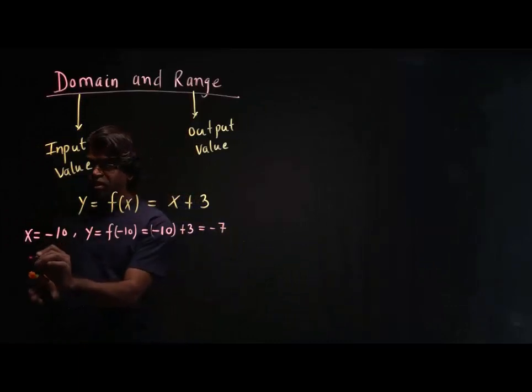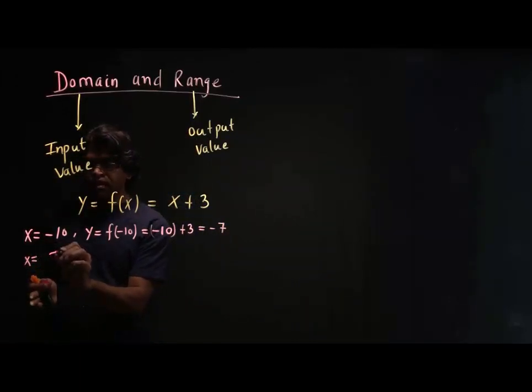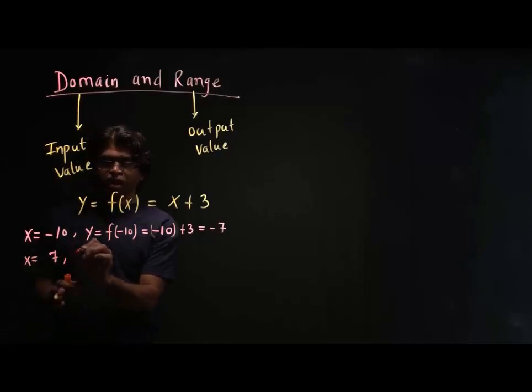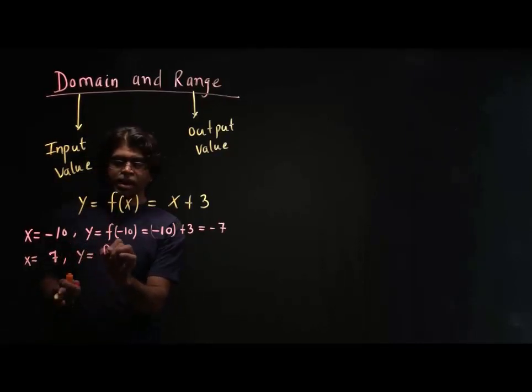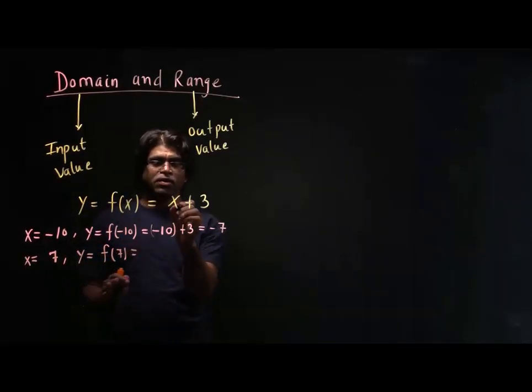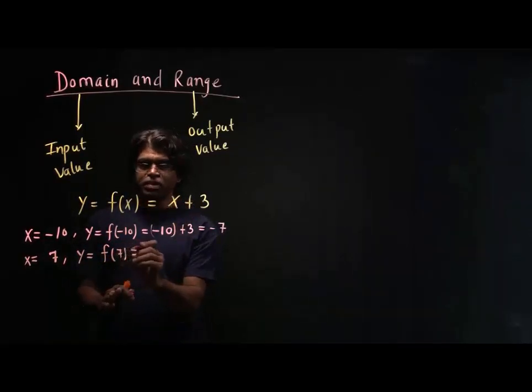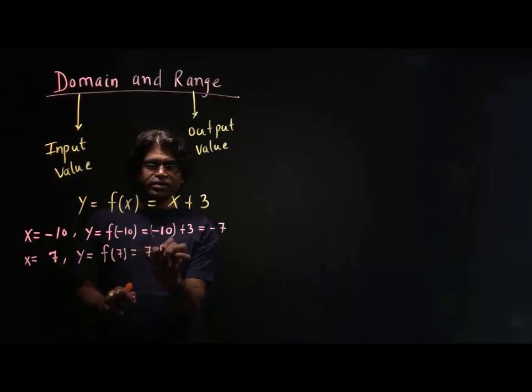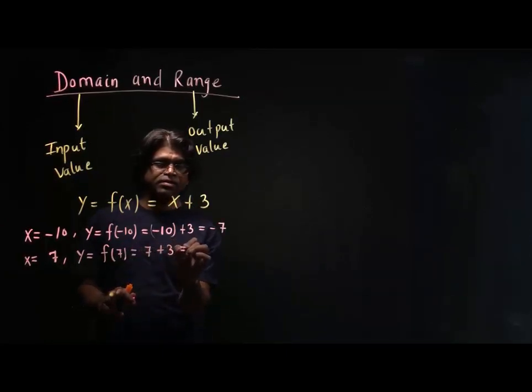Now, if I substitute x is equal to, suppose, 7, what will be the value of y? y will be f of 7. For each x, I'm going to substitute 7. So I have 7 plus 3. That gives me 10.